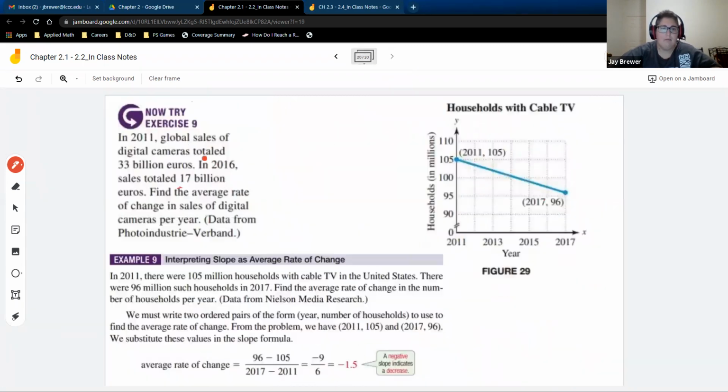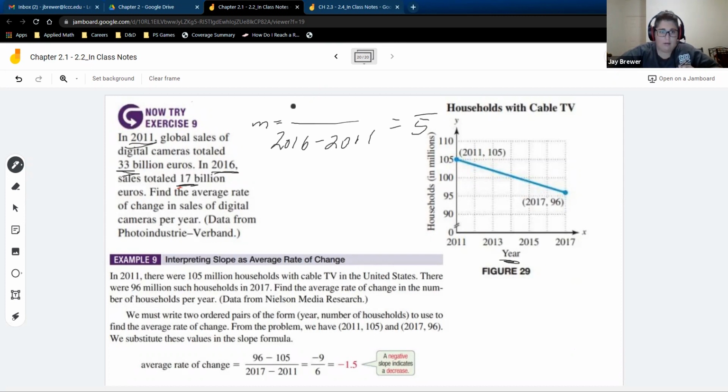Okay. All right, so for this one, we're looking at 2011 goes with 33 billion euros. 2016 goes with 17 billion euros. So again, you're just going to have years on the bottom. So 2016 minus 2011 will give you 5 years on the bottom.